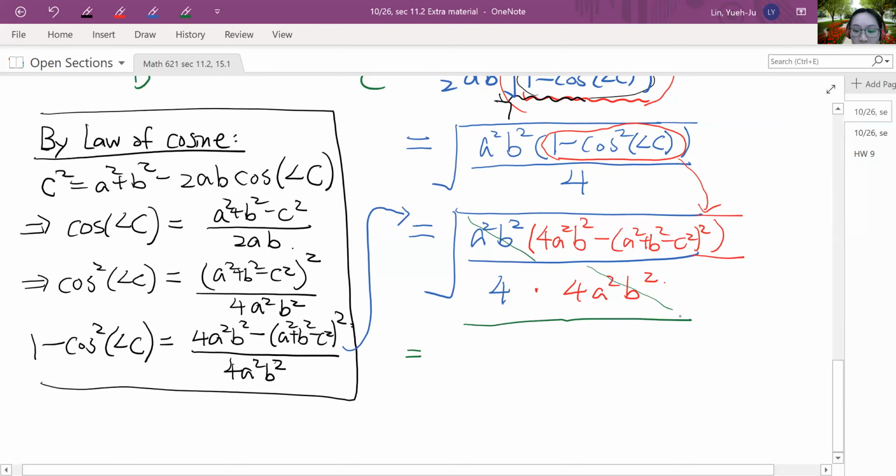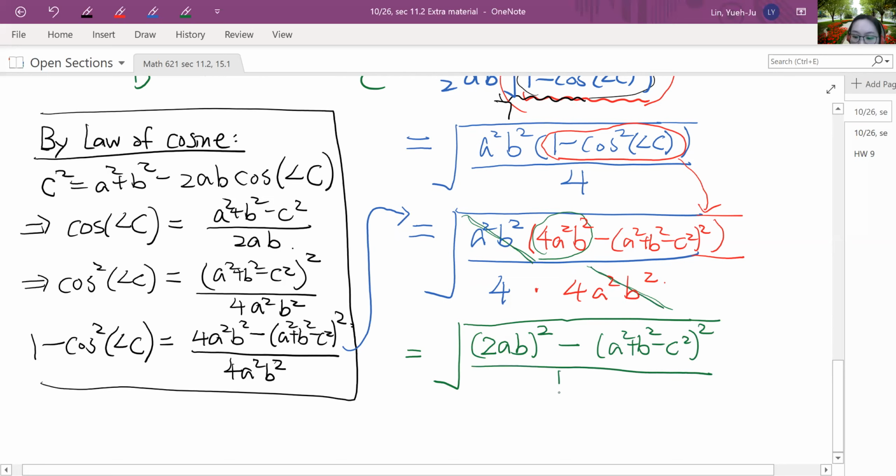I rewrite 4a squared b squared as (2ab) to the perfect square, and I keep the other perfect square here.